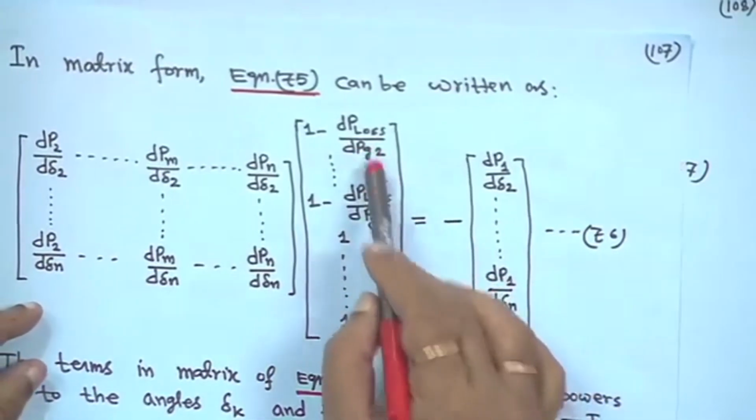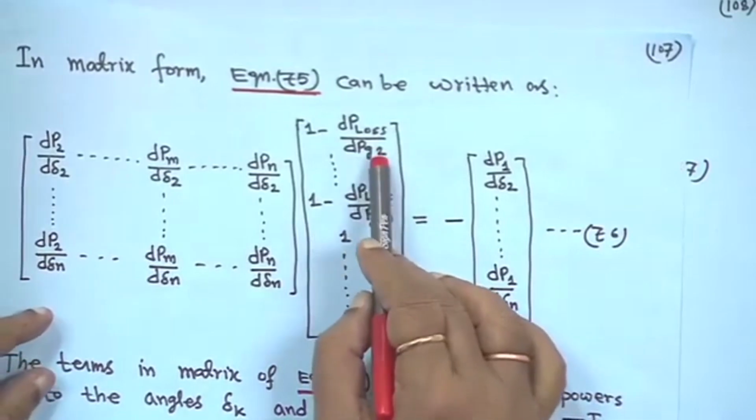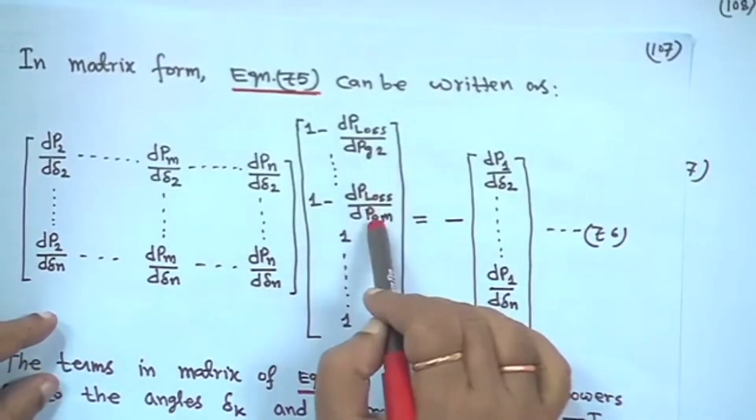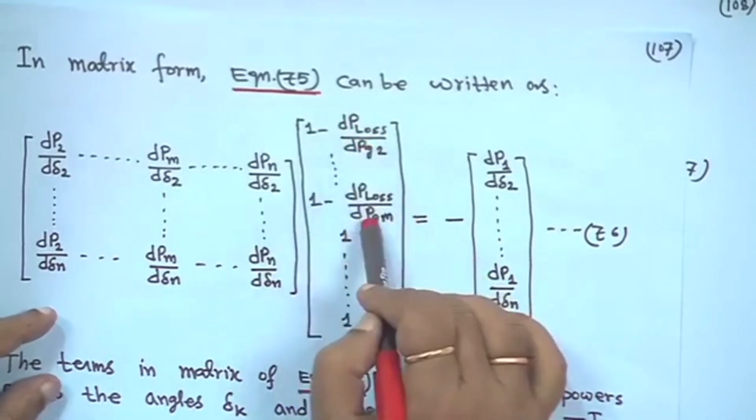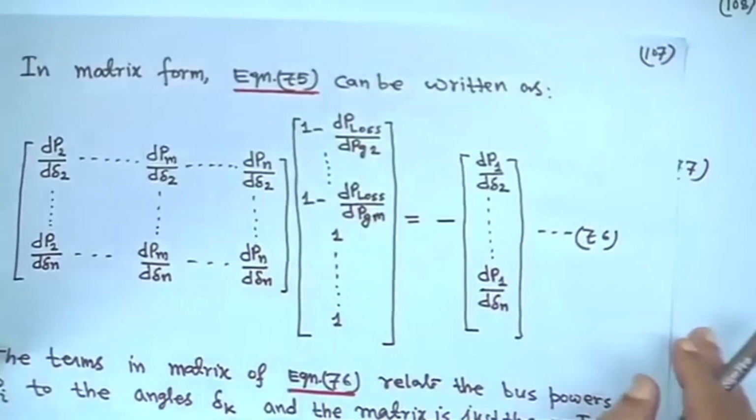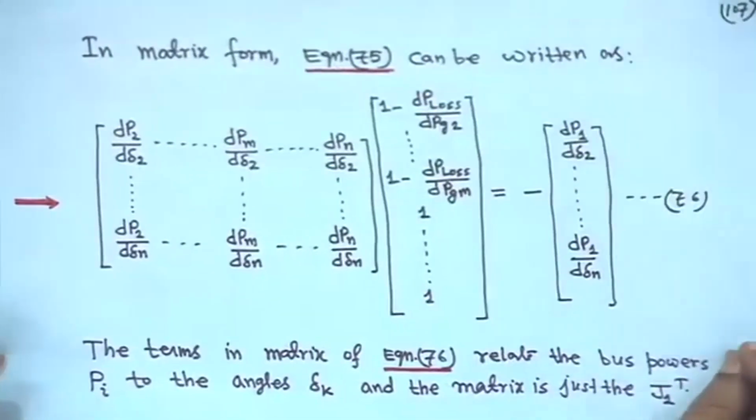Whatever value you get, its reciprocal will give you the penalty factor, because penalty factor is equal to the reciprocal of these terms, right. So, this is how to find out the penalty factor using the chain rule of differentiation and the load flow studies.